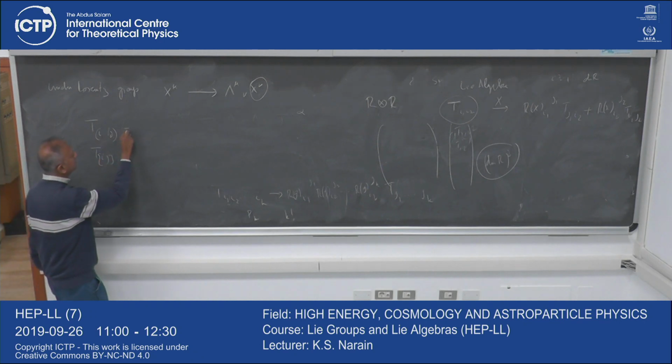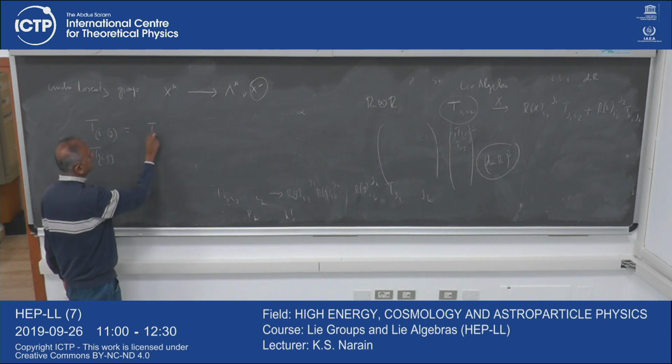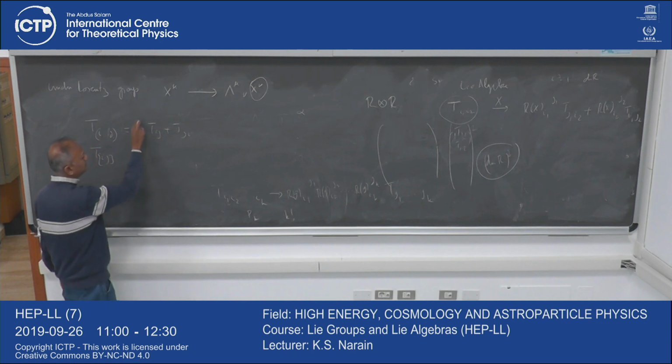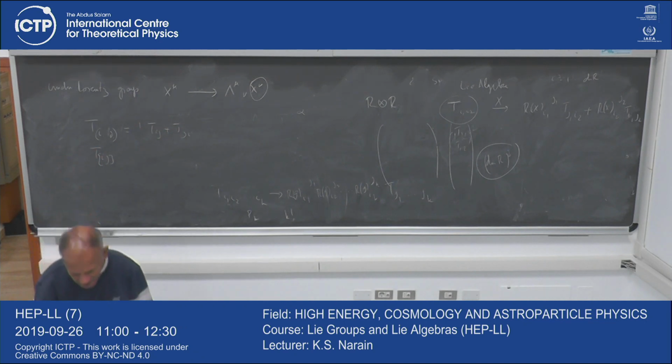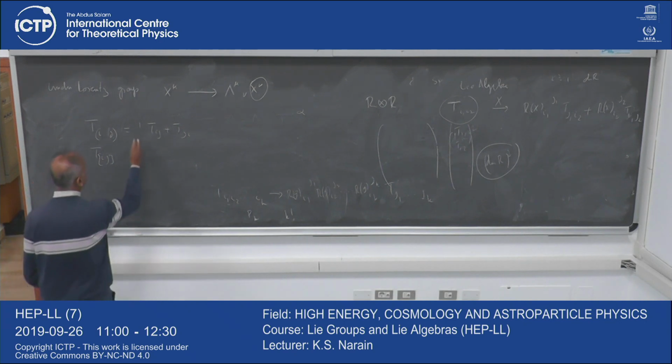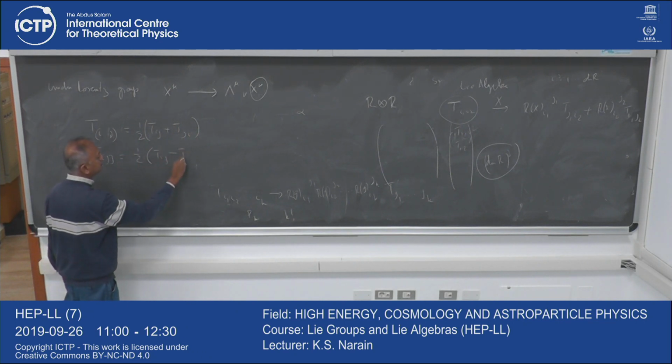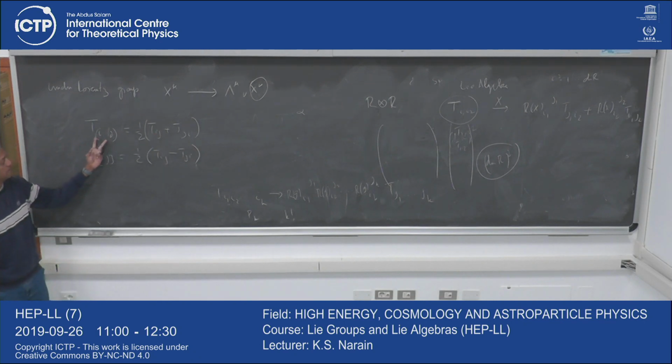Symmetric is by definition half of T_ij plus T_ji. I don't know if we use the normalization half, but that's not important for this. Okay, we write half here. And this is half of T_ij minus T_ji. So this is the symmetric part of this thing, and that's the antisymmetric part.